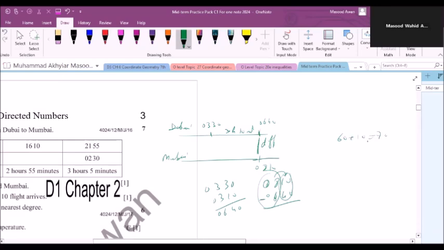Now 70 minus 40 is 30. Now we shift 1 hour here, so we are left with 7 hours. 7 minus 6 is 1. So 1 hour and 30 minutes is the time difference between Dubai and Mumbai.